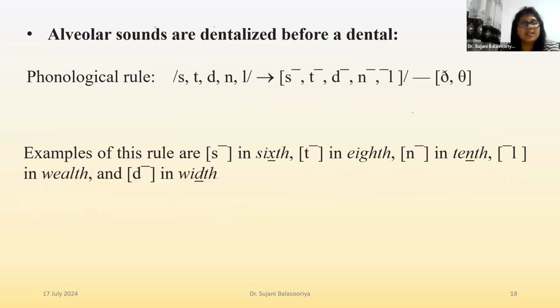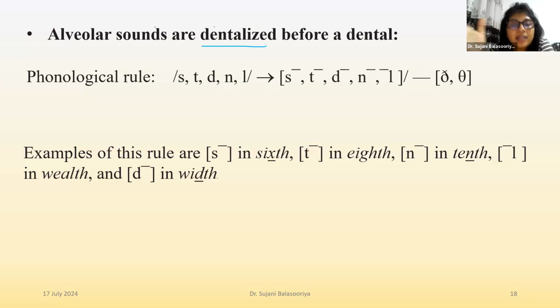We have another example. Alveolar sounds are dentalized before a dental. Another phonological rule. You know, normally alveolar sounds are not dental, no. Alveolar sounds are alveolar because the tip of the tongue rises and touches the alveolar ridge, and that is why they are called alveolar sounds.